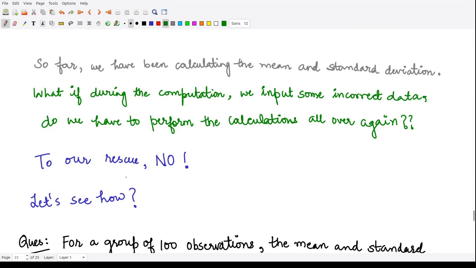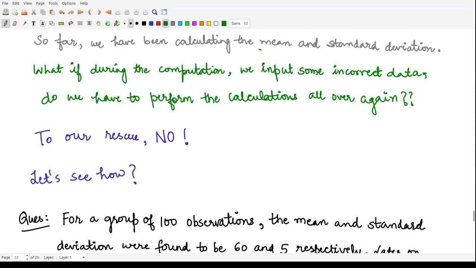Till now we have been calculating the mean and the standard deviations. Now suppose during the computation some error has been incorporated into the given data. What is the solution then? Do we have to do all the computations all over again? Now you will argue that it's okay, I can do the calculation again. Why would I go and learn this new method?